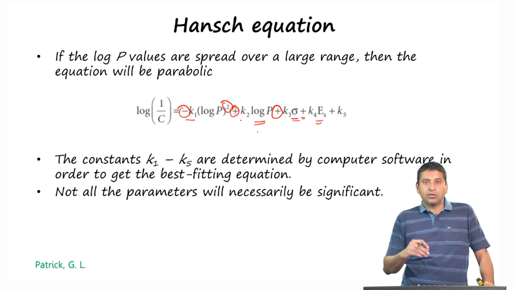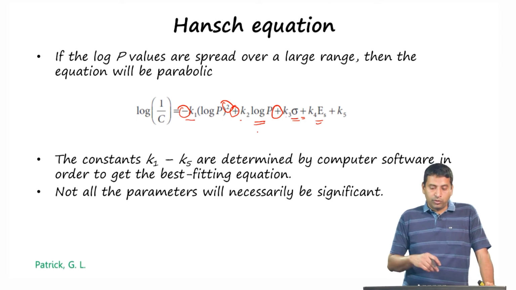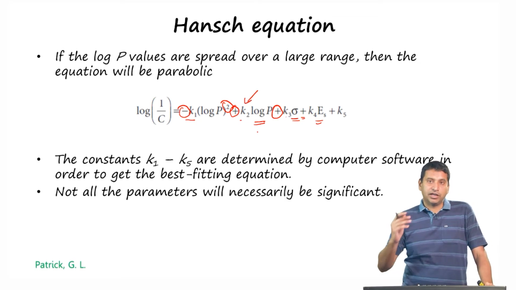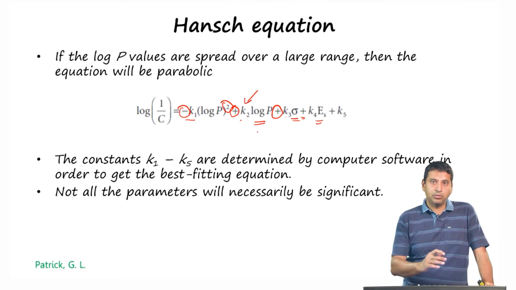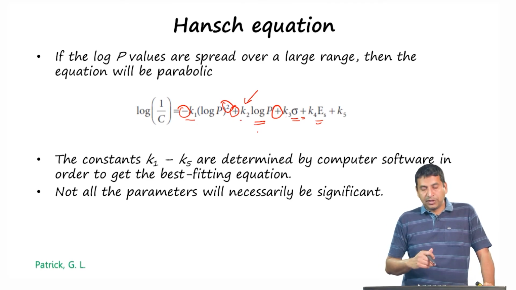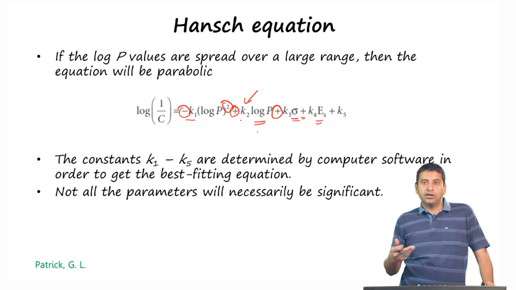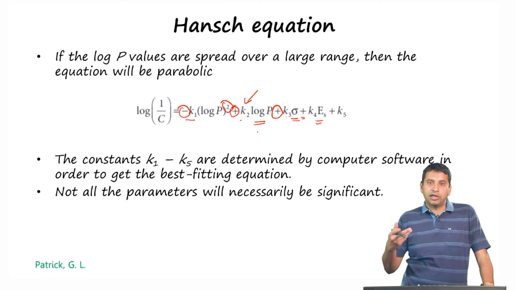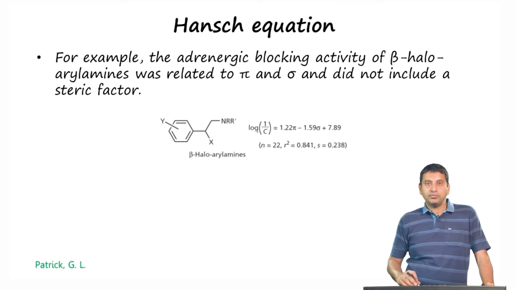Based on these constants k1, k2, k3, k4 and k5, we can figure out which parameter is more important. In this equation, for example, k2 may be significantly larger compared to k3 and it may be smaller than k4. Based on this, we can start understanding how the activity depends on the various parameters that we have defined.